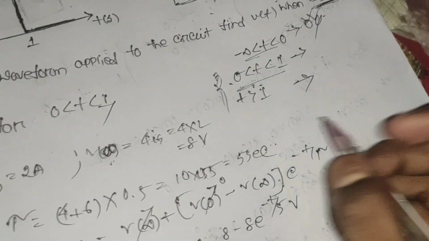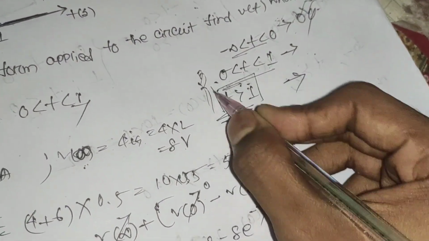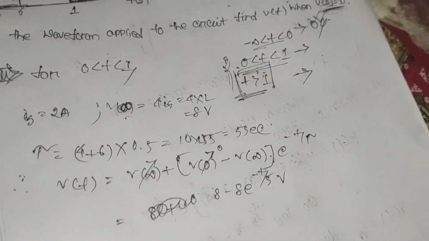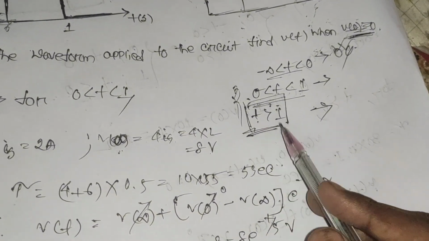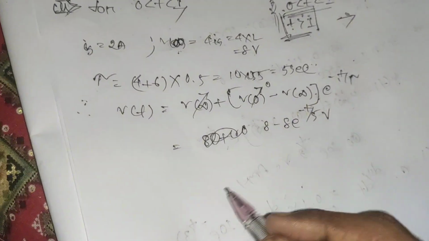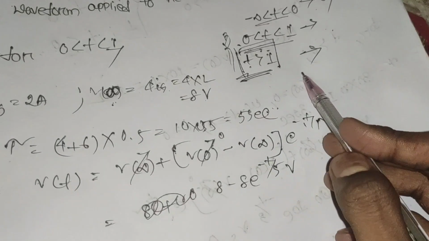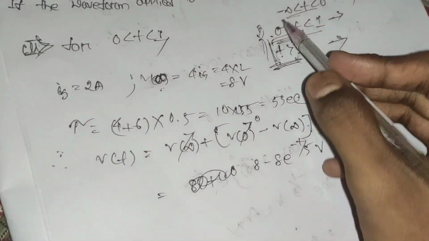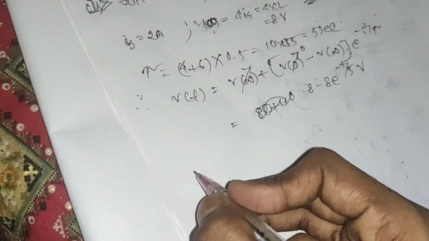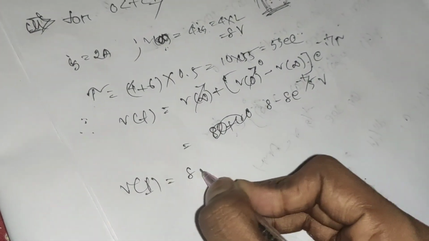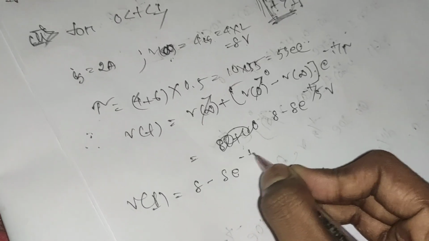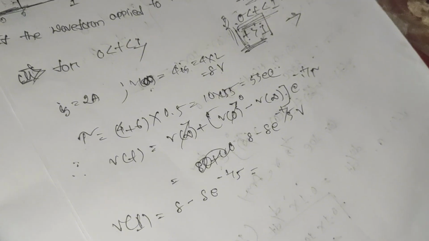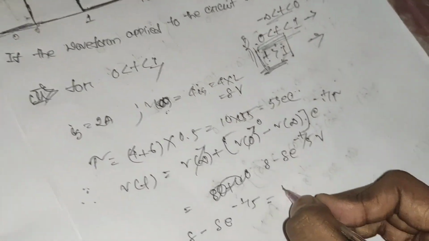Now if we jump into the next range, what will be the value of infinity? Let's decide calmly. For this range, the value of V0 will be equal to the value of V1, because the initial voltage for t greater than 1 equals the final voltage of the previous range. So V of 1 will be 8 minus 8 e to the power minus 1 by 5, which is about 1.45.